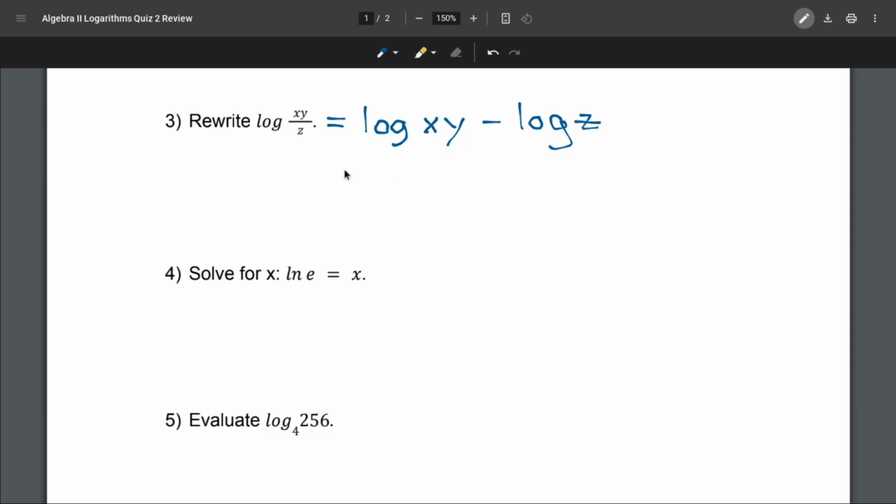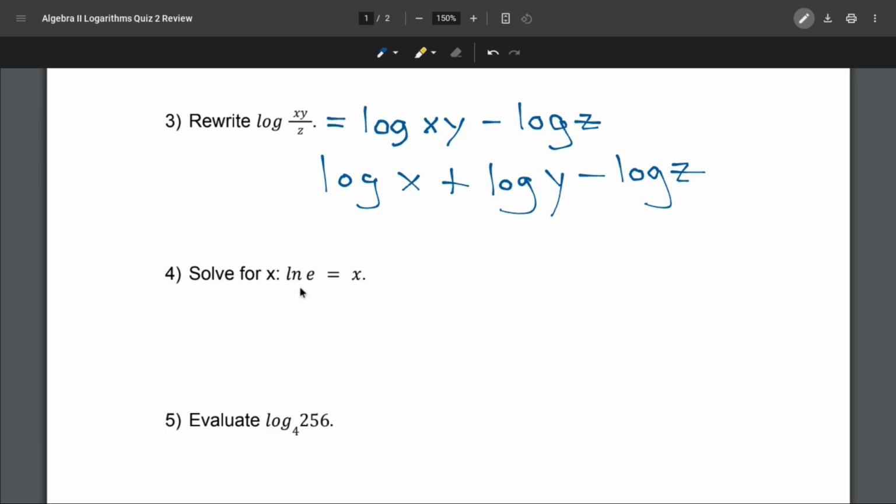We then can further break this apart into log of x plus log of y minus log of z. And the last part here, where I broke apart this product, deals with the product rule of logarithms.